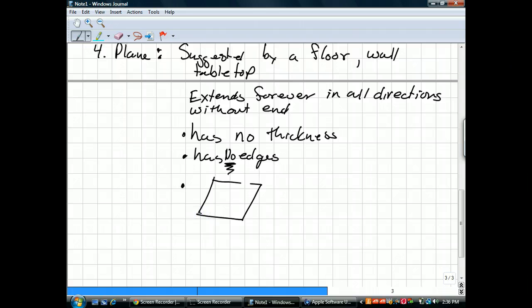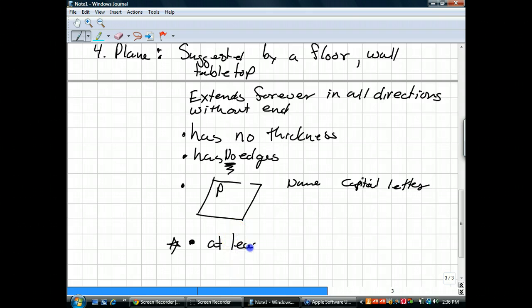We can name it by a capital letter, so we could call this plane P, or we can, and this is a key idea, put a star in this one.